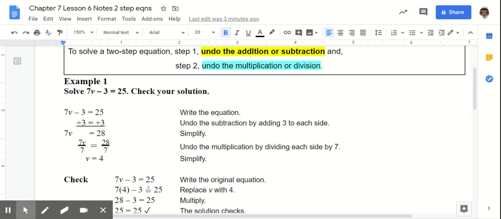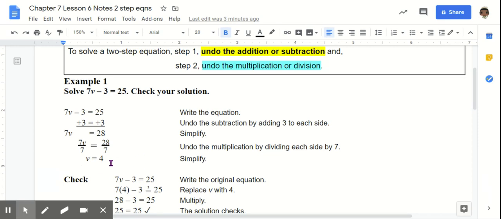So we're going to undo that by dividing both sides by 7. So 7v divided by 7 equals 28 divided by 7. 7 divided by 7 gives us 1. They cancel out. So 1v, or just v, equals 4.